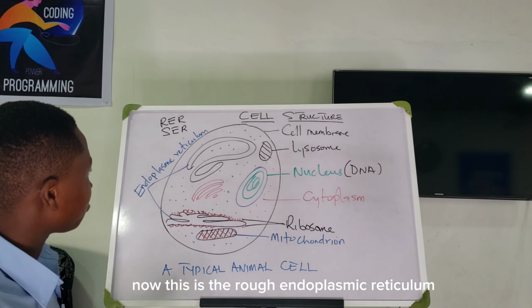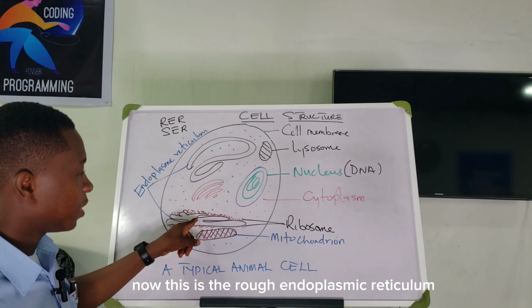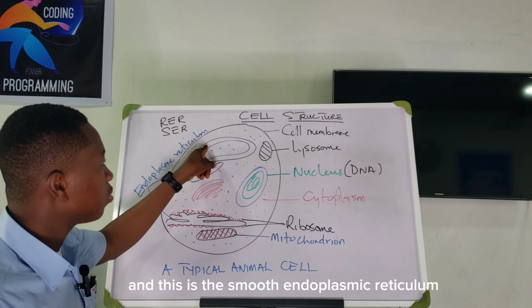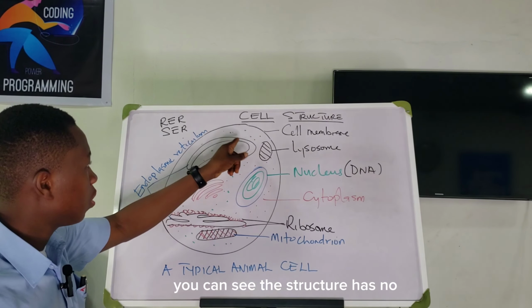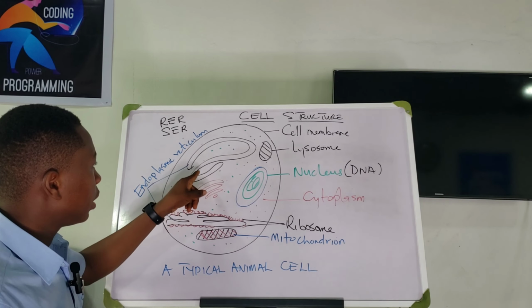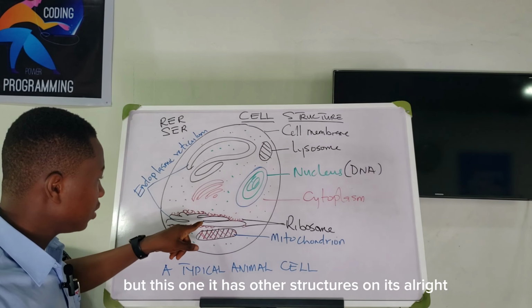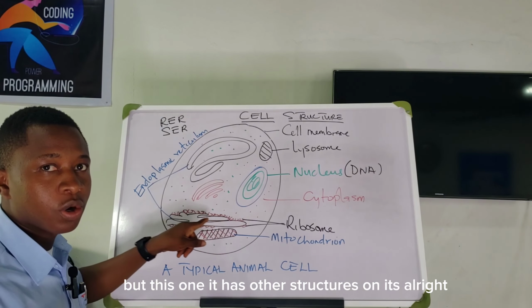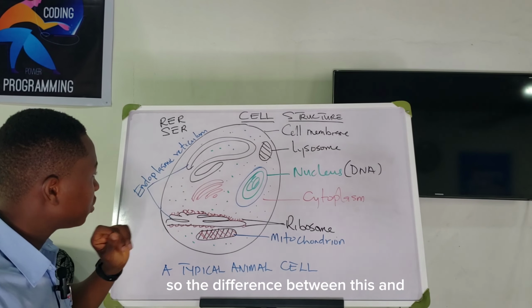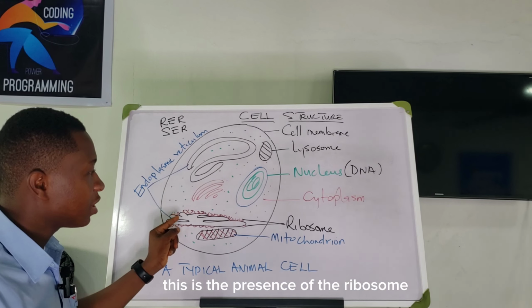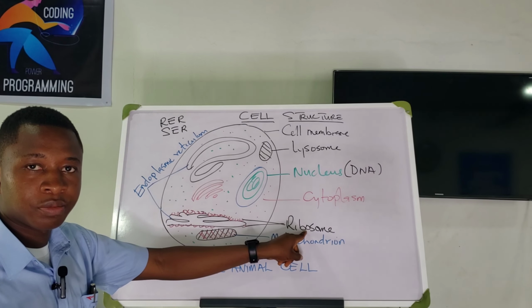This is the rough endoplasmic reticulum and this is the smooth endoplasmic reticulum. You can see this structure has no other structure on it, but this one has other structures on it. So the difference between this and this is the presence of the ribosome.